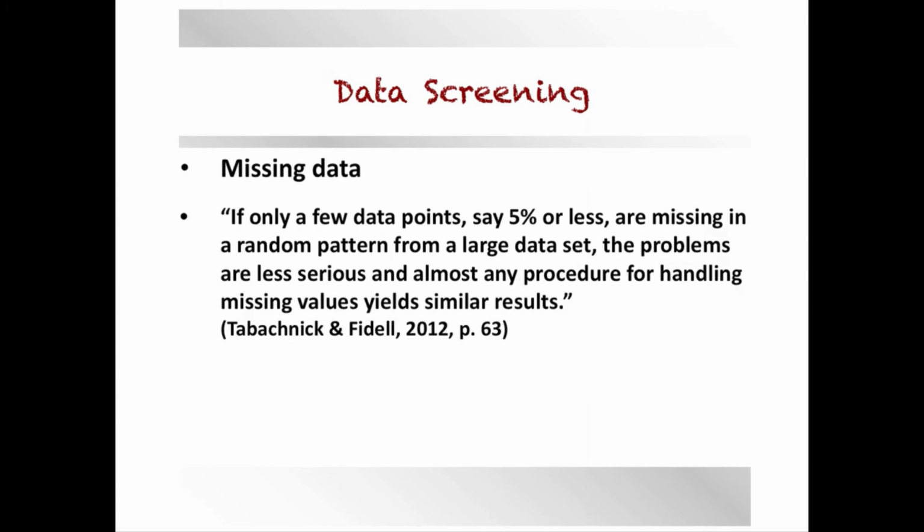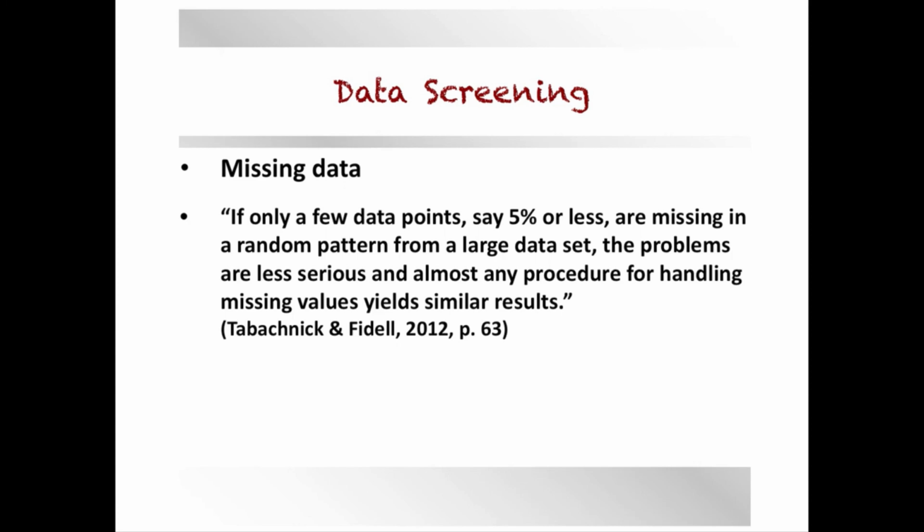The first one, and often you can jump around here, is usually just looking at your data set, looking for missing data first of all. If 5% of your data or less is missing, then you're okay.